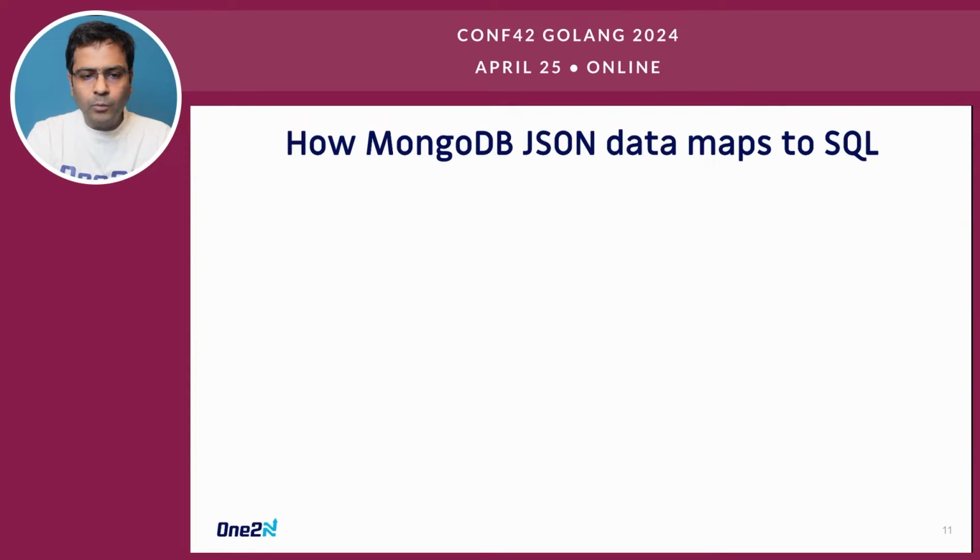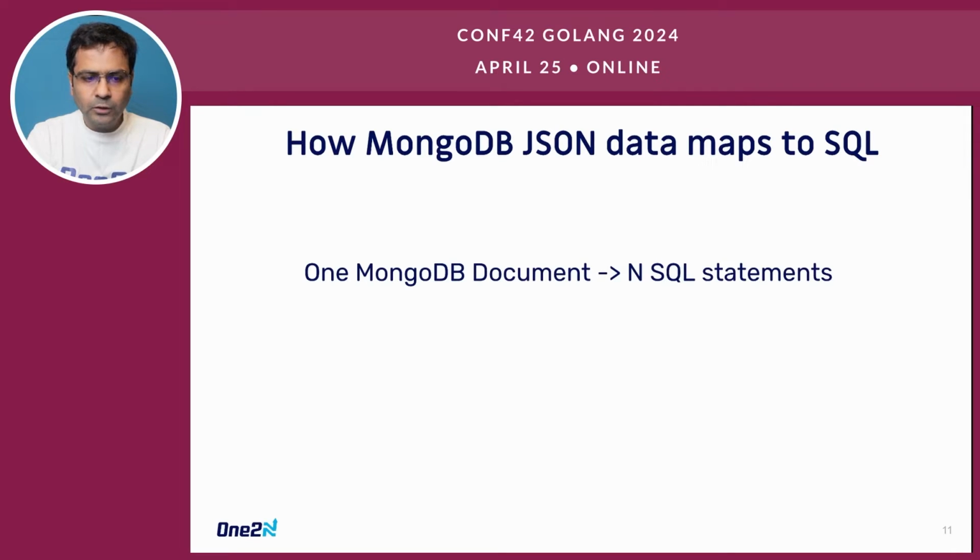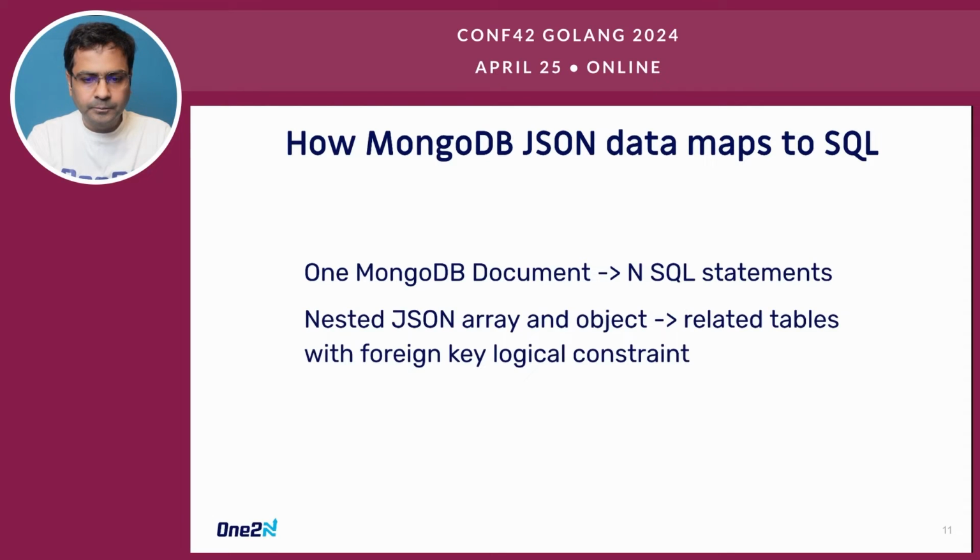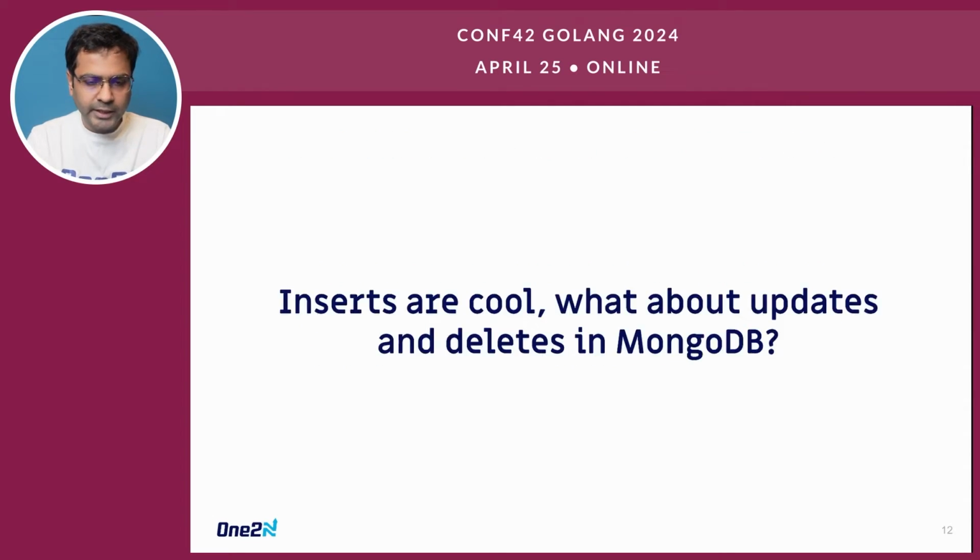So how does MongoDB JSON data map to SQL? We just saw one Mongo document can map to n SQL statements. A nested array of JSON objects, or a further array of objects in Mongo, gets translated into relevant tables in Postgres and is recorded with primary key and foreign key relationships with some logical key constraint.